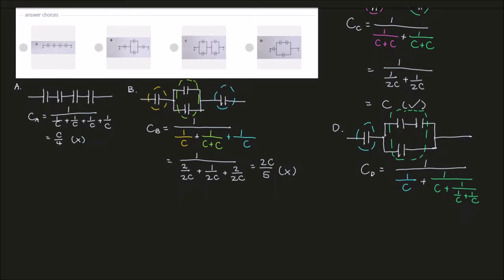I highly suggest you do it on your own to figure everything out yourself. But this will be 1 over C plus 1 over C plus C over 2. If you proceed to calculate everything, I believe the answer should give you 3C over 5.